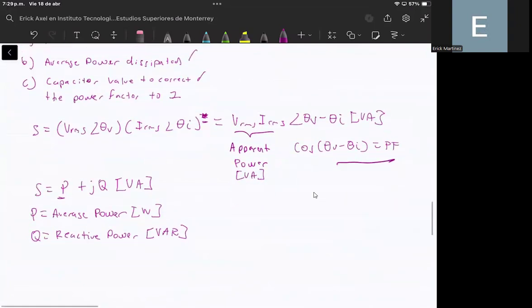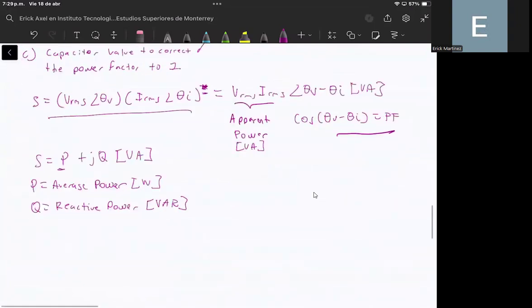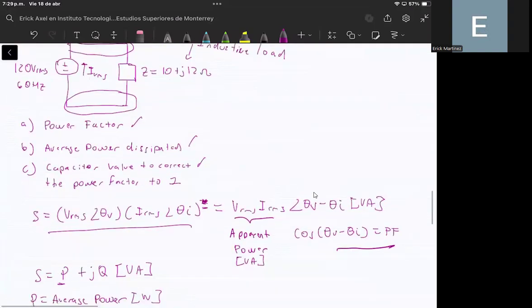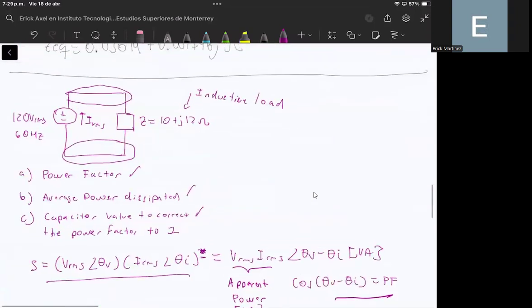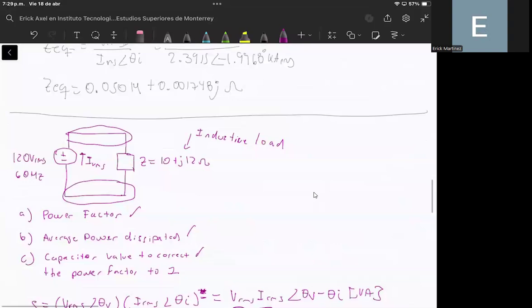So based on this definition, we can in fact try to compute the complex power. But first we need the current. We know the voltage, but we don't know the current of the circuit.